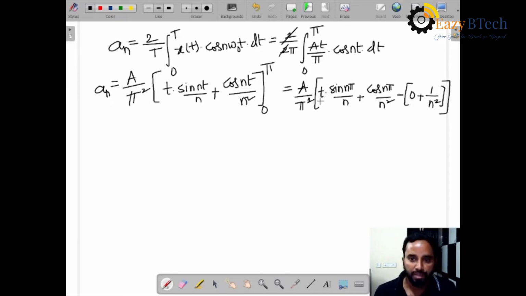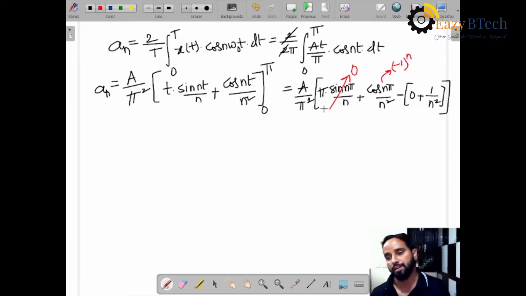Here t is pi, the upper limit is pi. Now see the value of sin n pi. What is sin n pi? 0. So 0 into pi is 0. What is the cos n pi value? Minus 1 power n.